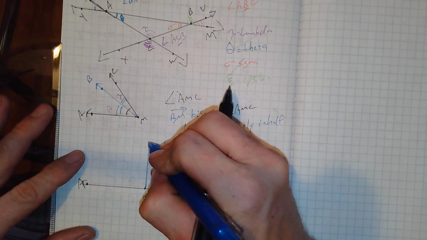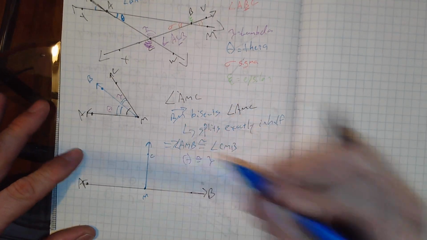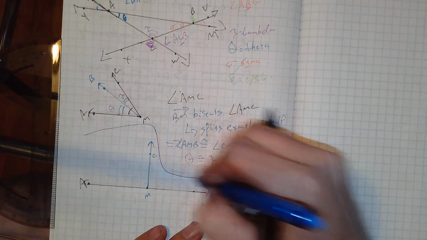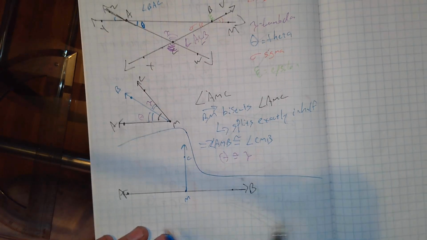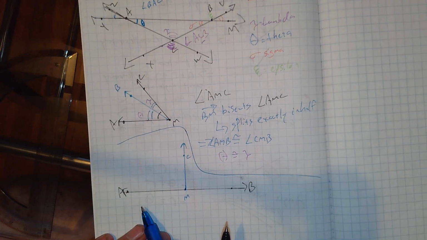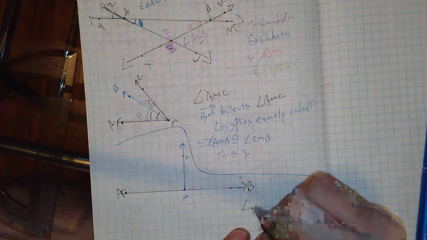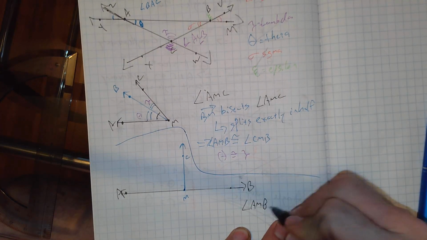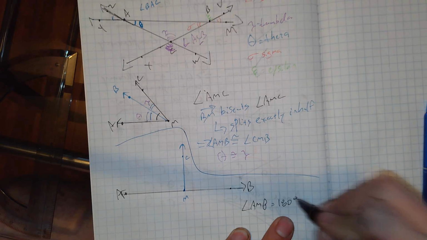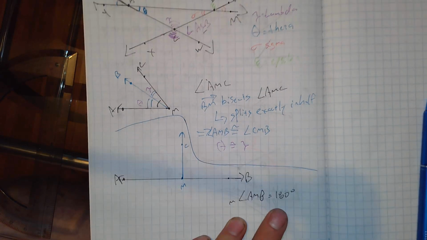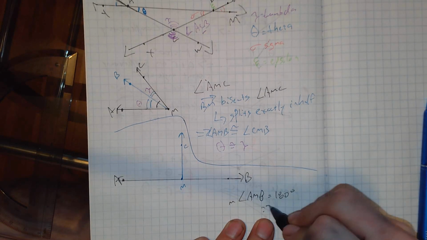And we'll call this point C. So we're going to say that angle AMB is 180 degrees, where the measure of angle AMB is 180 degrees. Therefore, it's a straight angle.